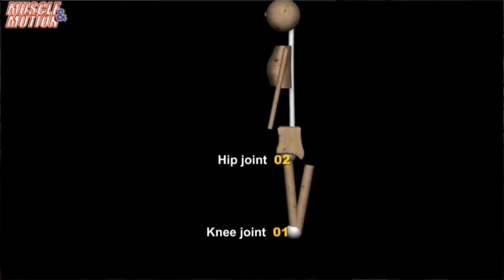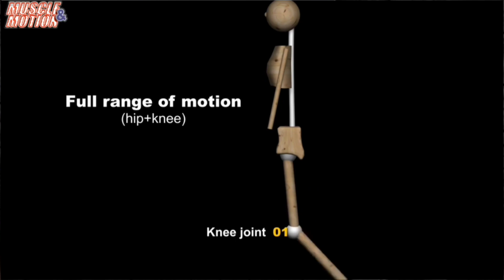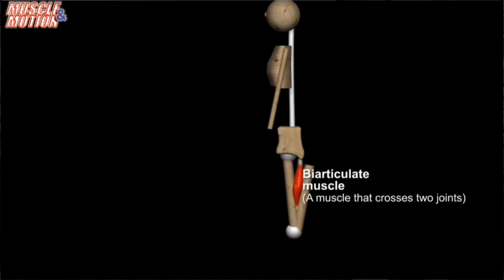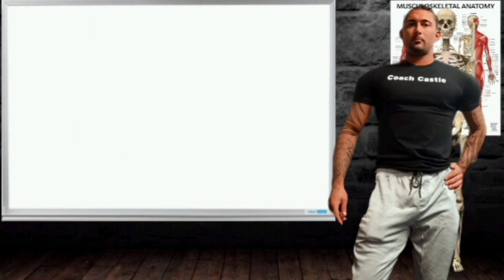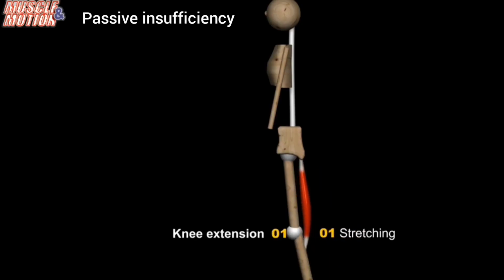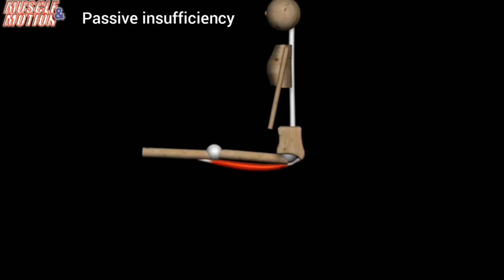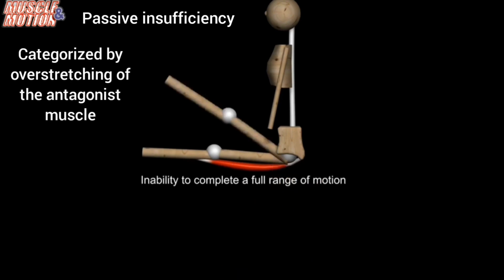So, there are two additional types of interference that sometimes occur when a muscle tries to contract from a disadvantaged position. These are passive insufficiency and active insufficiency. Passive insufficiency relates to the contraction of a muscle that is compromised by the excessive stretching of the antagonist muscle.